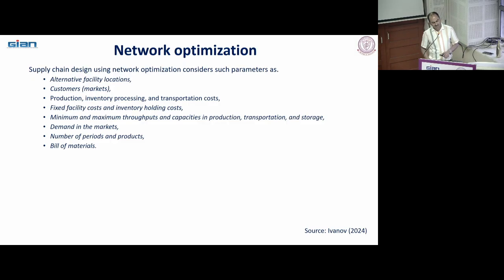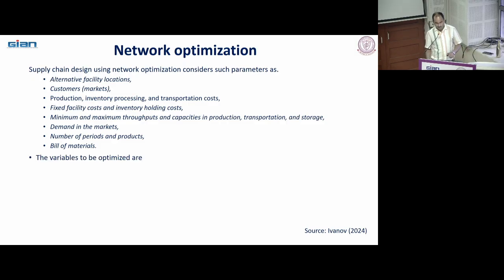For what purpose do you need it in network optimization? What is the use of a bill of material? Because if you are making something in a production factory, you should know how much raw material and components you are using to make that finished product. So that's the use of bill of materials in your network optimization.